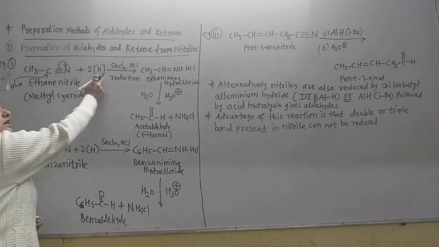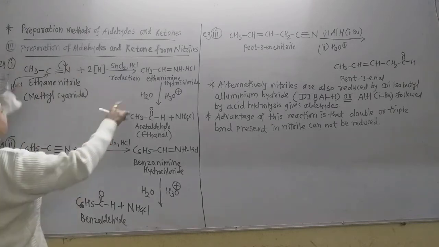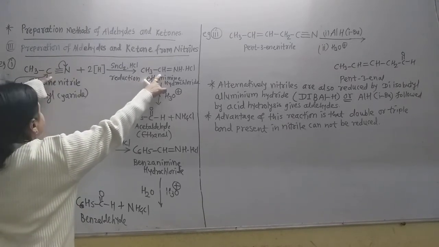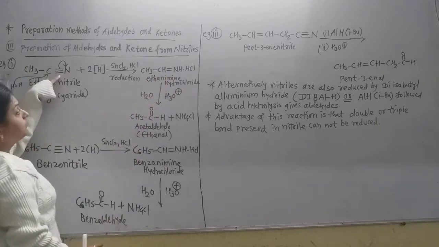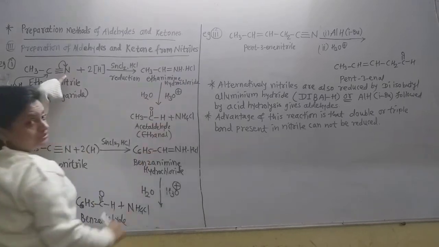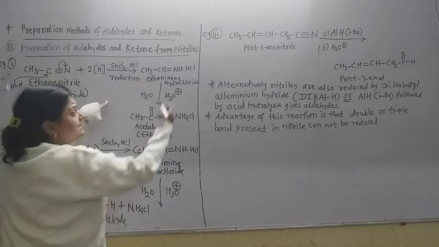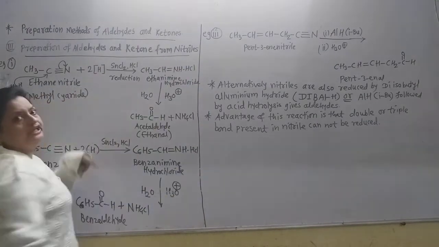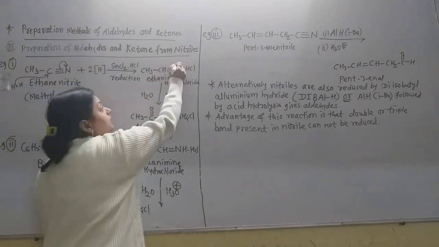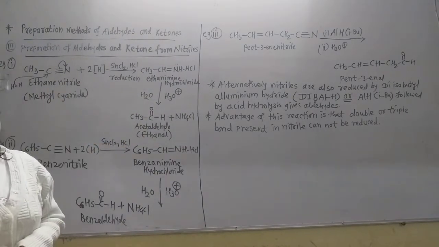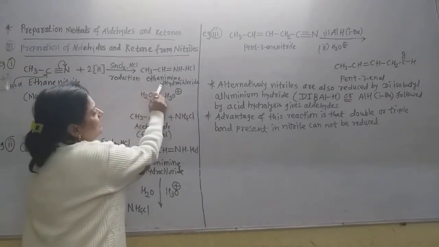Now the remaining hydrogen atom attaches to that nitrogen. See here: CH3, CH, the hydrogen attacks this carbon, this bond shifts, so here there is only a double bond, and this nitrogen attracts this hydrogen, and the HCl remains with this molecule. Due to the lone pair of electrons on nitrogen, the HCl remains on that molecule. Now the name of this molecule is ethaneamine.